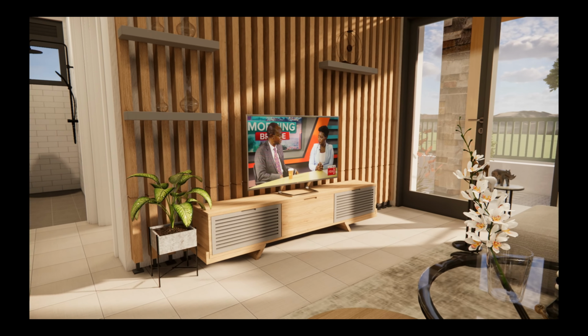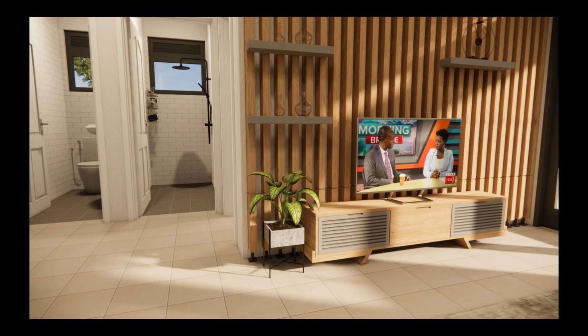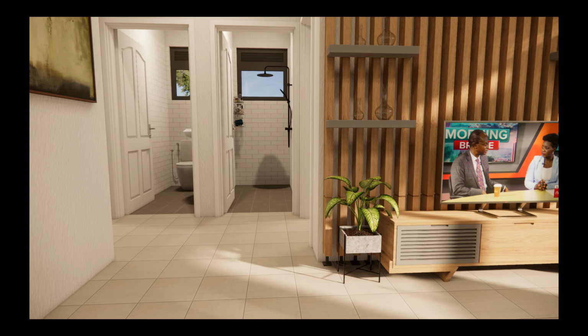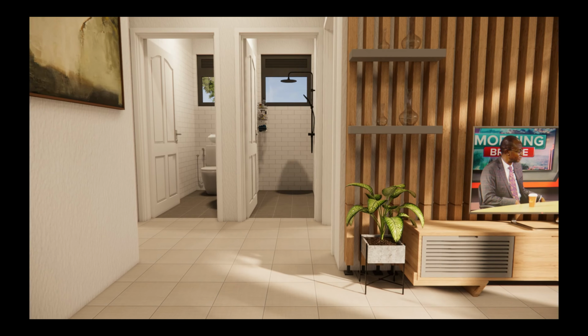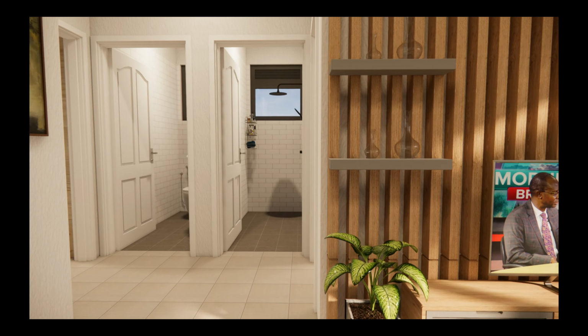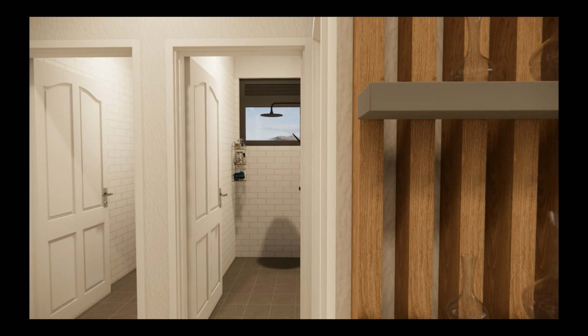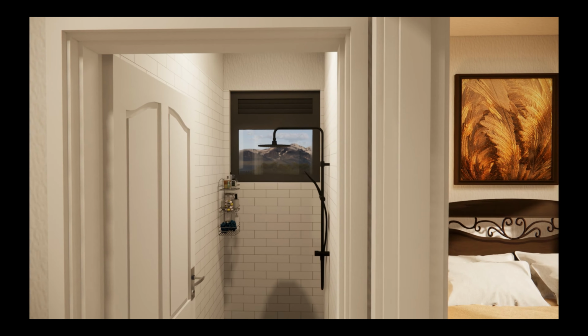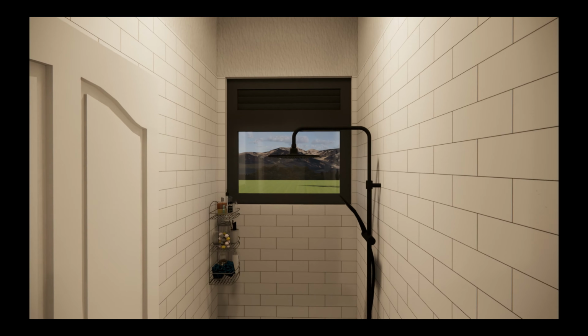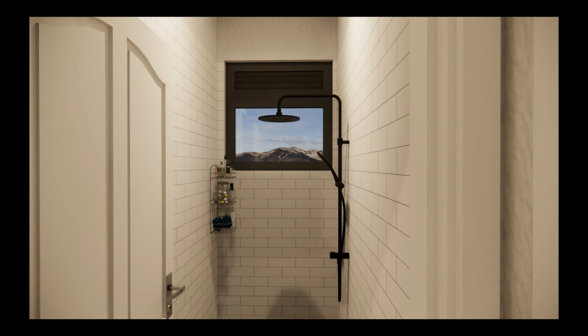There is our entertainment wall, as you can see. And there is our shower area, as you can see.